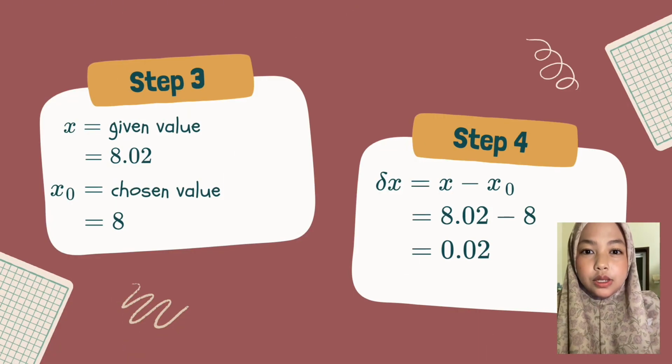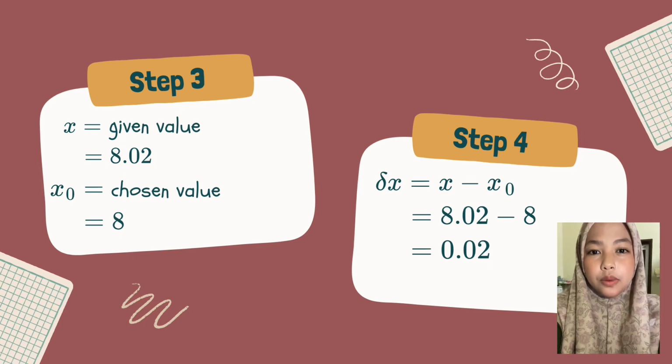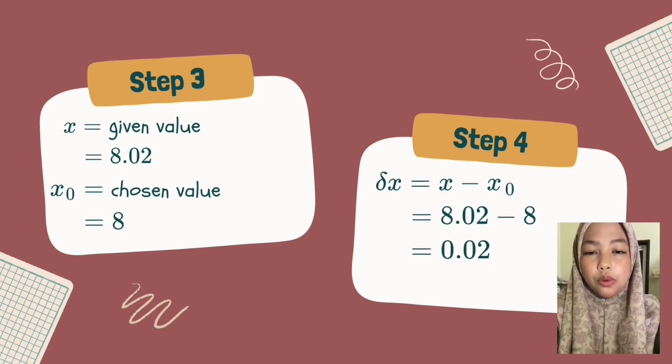Next, we need to determine the chosen value, and we choose 8 because it is closer to the given value, which is 8.02. In step 4, we need to find the change in x, where x equals x naught plus the change, and there we get 0.02.